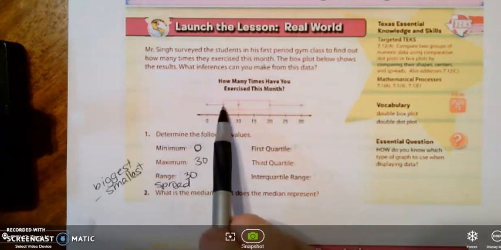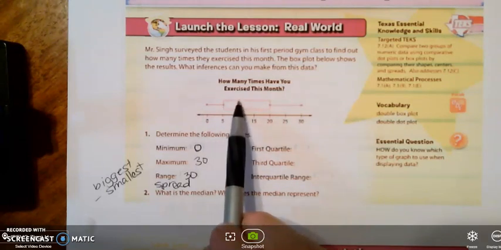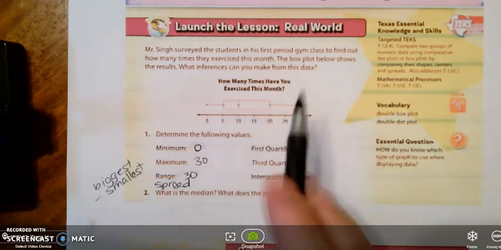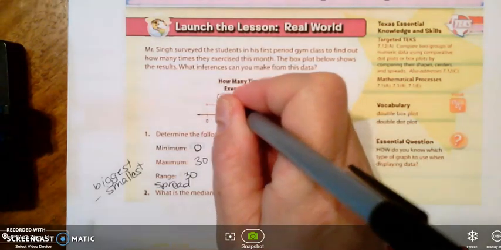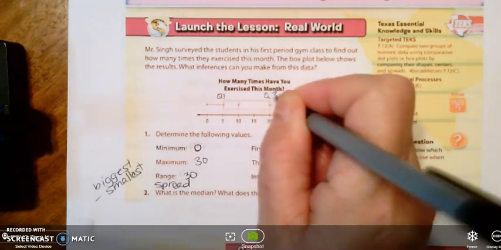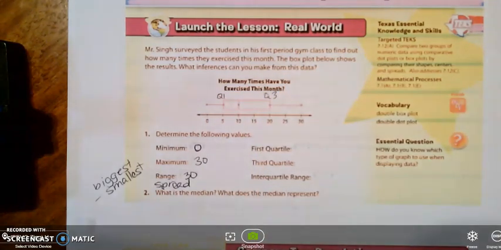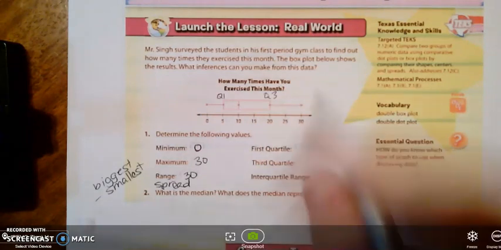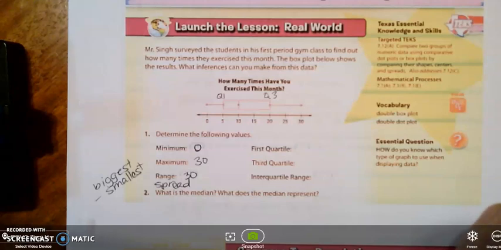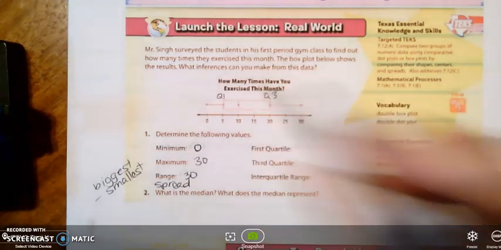So right here we would call that Q1, Q2, and that's the middle, the median, Q2, Q3, and Q4. And so normally the ones we would want to label would be Q1 and Q3. And the reason we're not labeling Q2 is because we call that something different. We call that the median, okay? Median, which is the middle number of an ordered set.